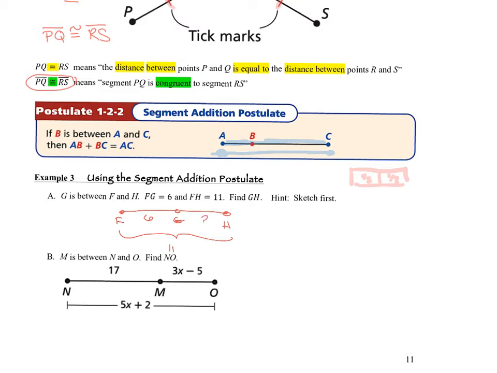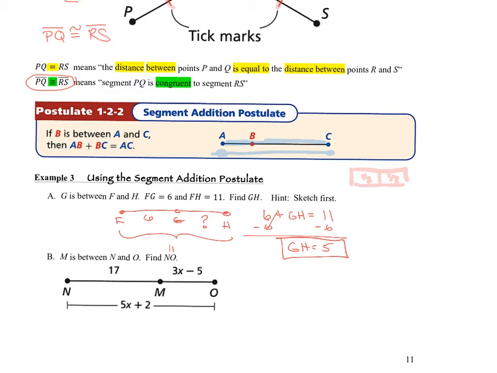Okay, so we're trying to find right here that GH. So I could say 6 plus whatever GH is. We can call that X if we want, or we can label that GH is equal to 11. So to figure out what that is, we subtract 6 from both sides, and GH equals 5. That one I know you could do in your head, but I just want you to be prepared for one that you might not be able to, like this next one.